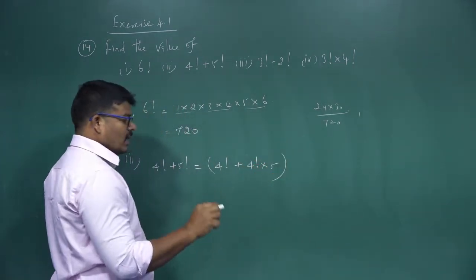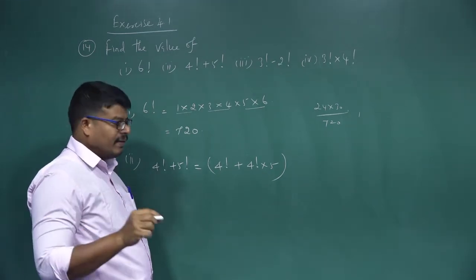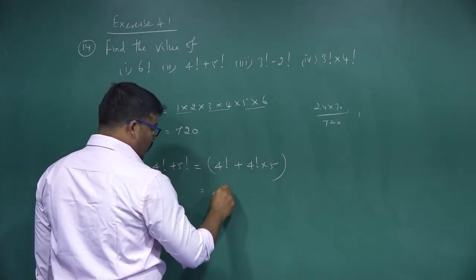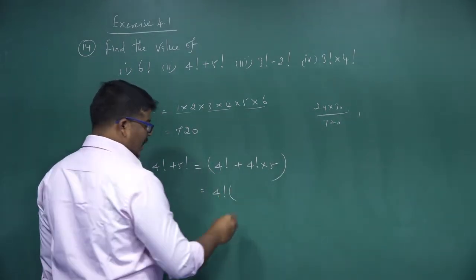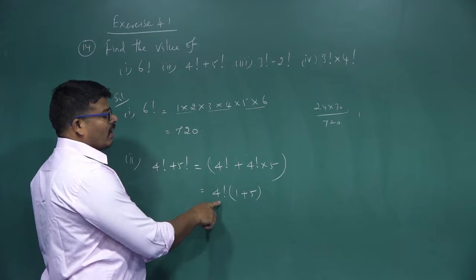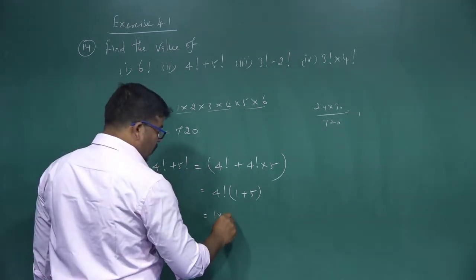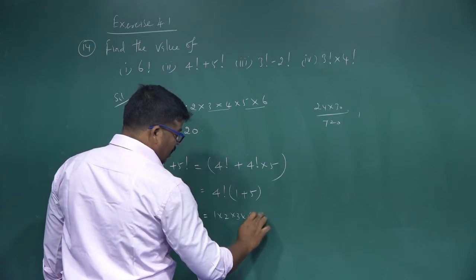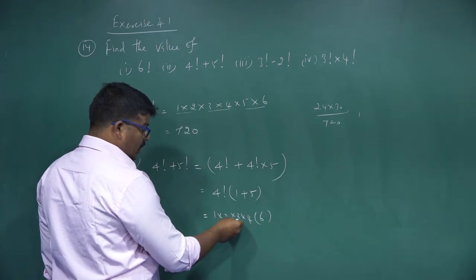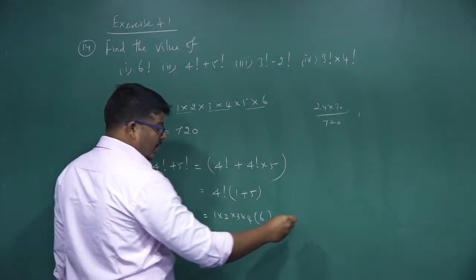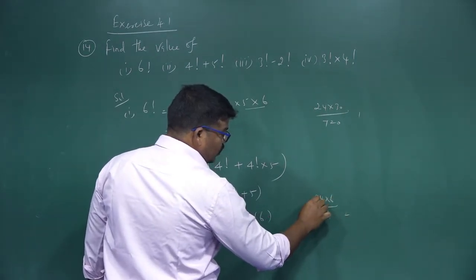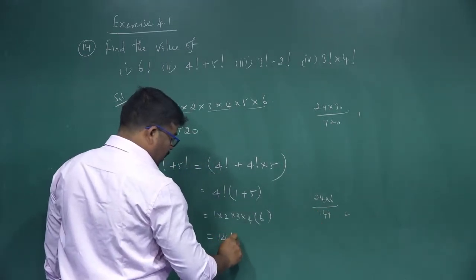Here 4 factorial is common, so taking it outside: 4 factorial into (1 plus 5). 4 factorial is 1 into 2 into 3 into 4, which is 24, and 1 plus 5 is 6. 24 into 6 is 144. This answer is 144.